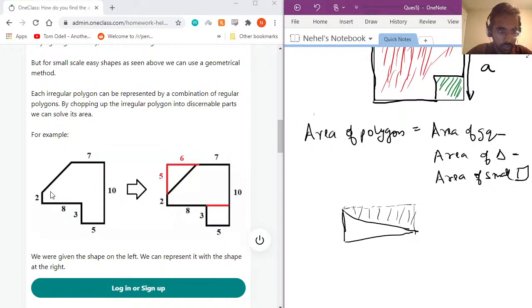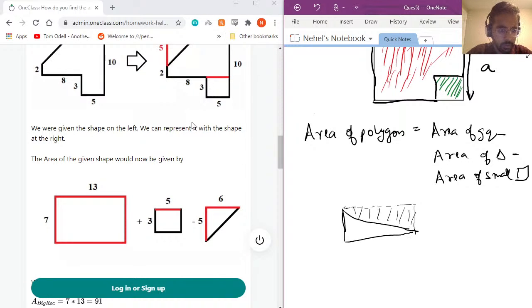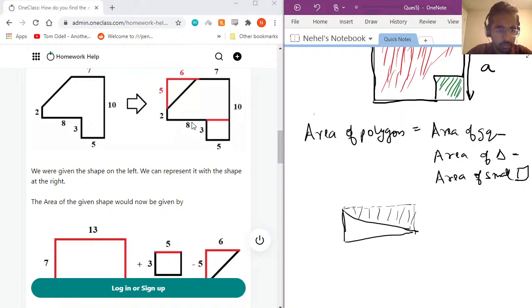They've given them a shape with different lengths, and then they have gone ahead and computed the area, which is the area of, in this case they've added it, and then they've subtracted this. That makes sense.